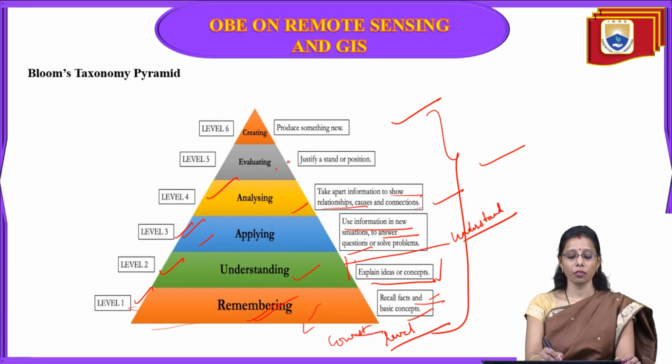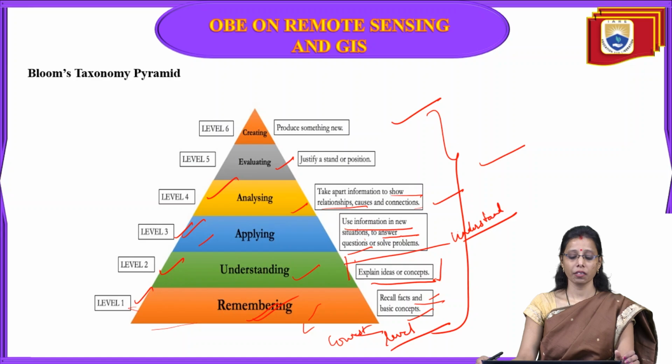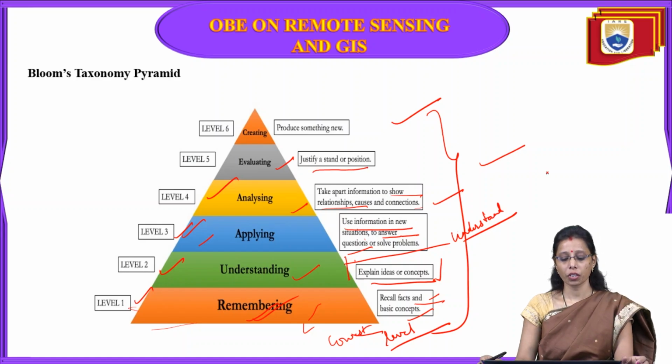Now coming to evaluating. So what is evaluating? Evaluating is level 5. Here they have to justify a stand or position, which means being able to justify your answers. Questions like: justify that the statement is correct, or justify that the statement is wrong.